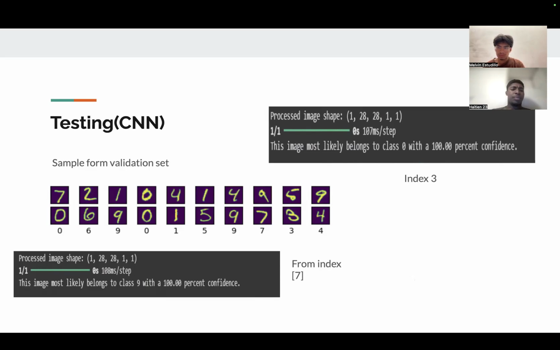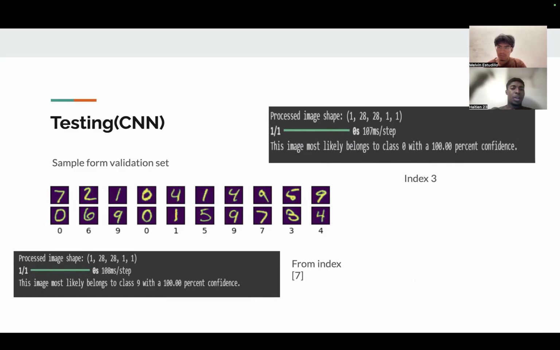How I might write the number 3, for instance, might be slightly different from how Melvin might write it.